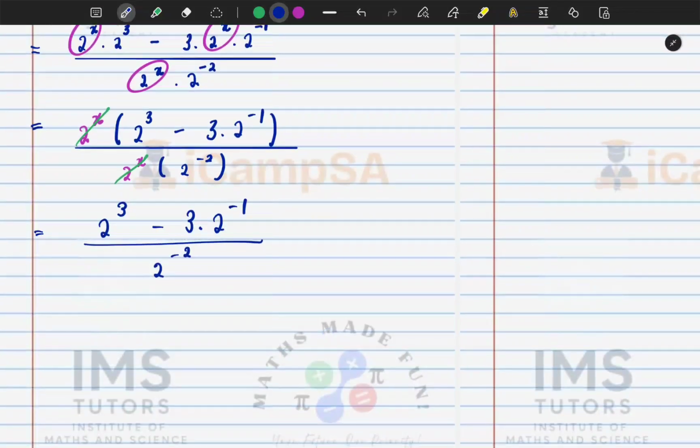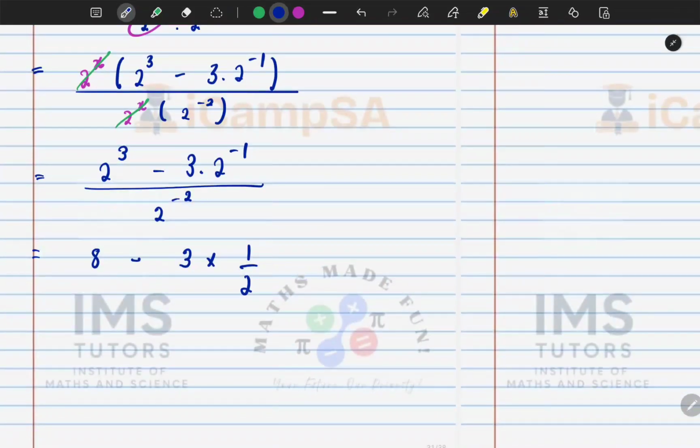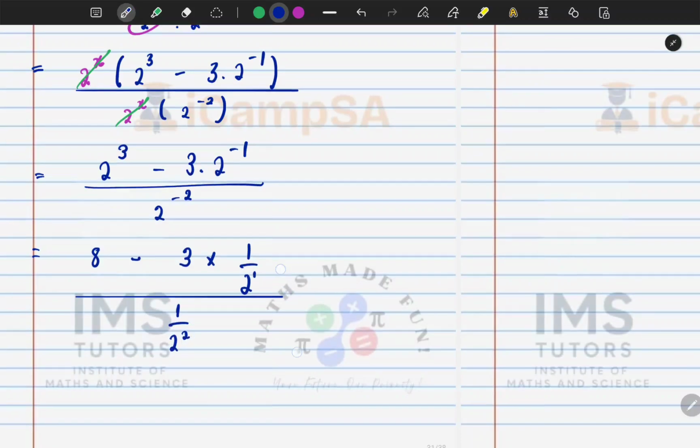Great. So what we are going to try and do now is apply the laws of exponents. So 2 to the power of 3 is the same thing as 8, minus 3 times 1 over 2, because the negative exponent comes down and we still have a 1 there, all over 1 over 2 to the power of 2.